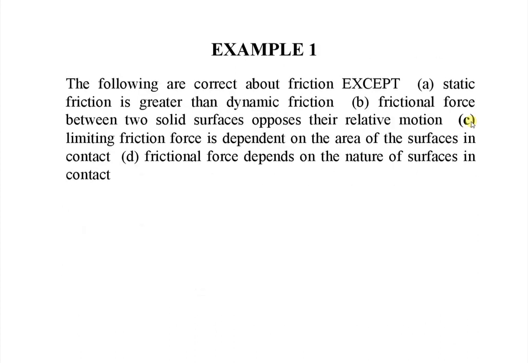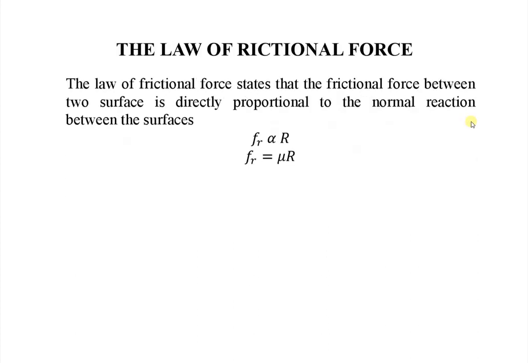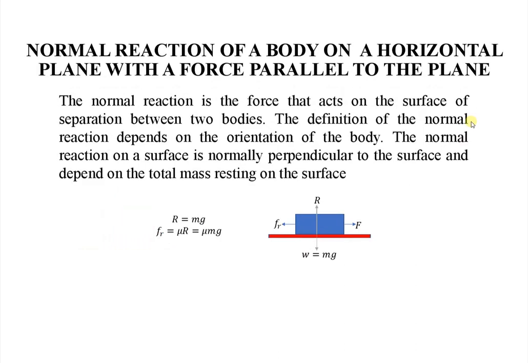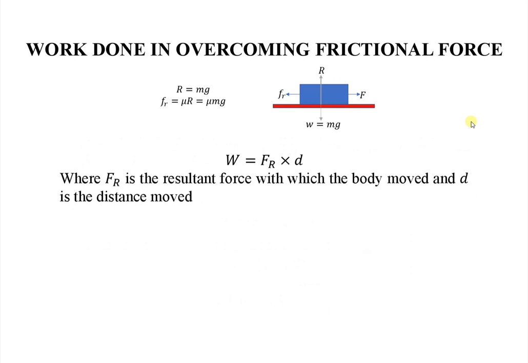We took examples, example 1, example 2. Then we went to the law of frictional force. We talked about the definition of normal reactions. Then we talked about normal reaction of a body on a horizontal plane with a force parallel to the plane. Then we looked at the conditions for calculations. We talked about work done in overcoming frictional force.